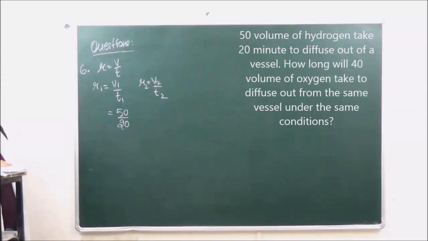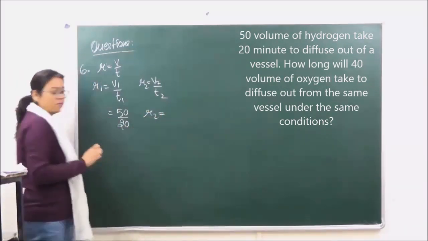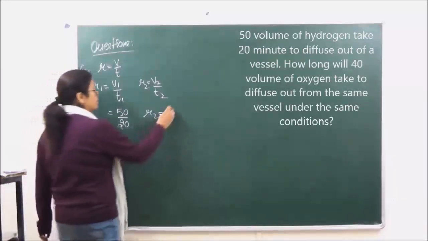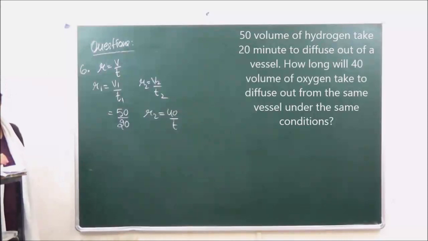And R2 will be equal to what? We have to calculate T over here, but they have given us the volume, which is 40. So 40 divided by T. Second, how long will 40 volume of oxygen take?